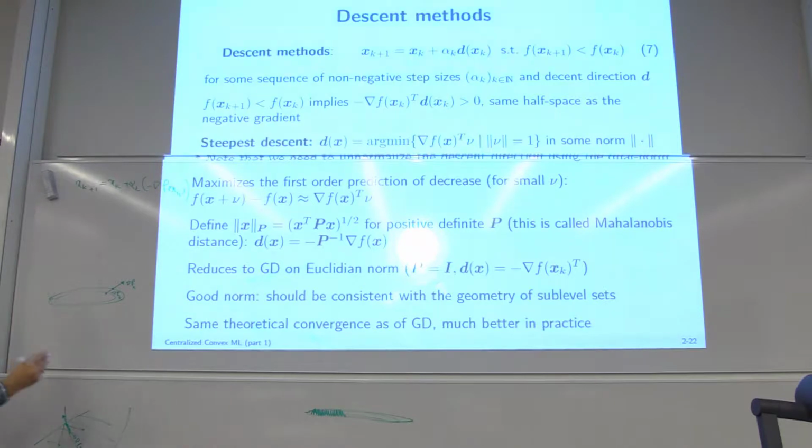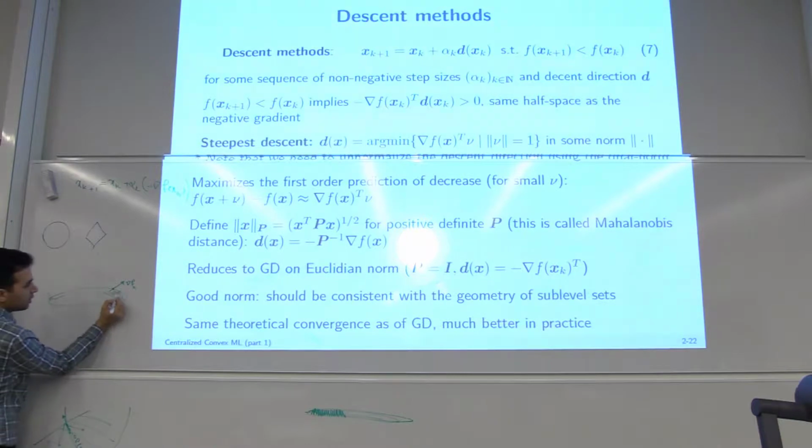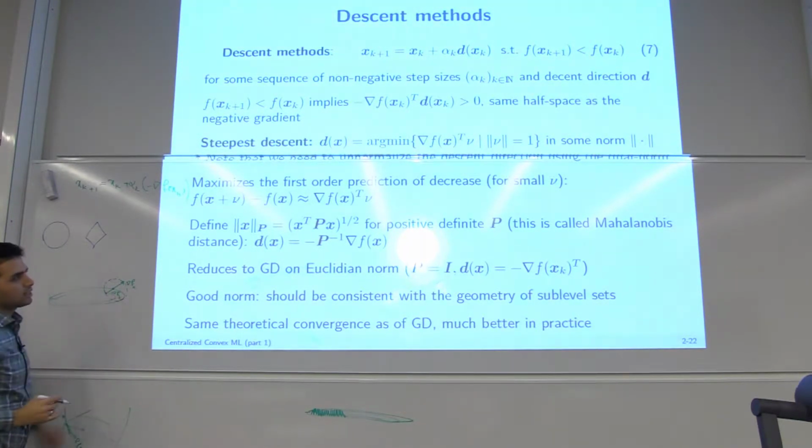Now, if we define the norm to be the L2 norm, you recall the definition of L2. So this is the L2 norm, this is the L1 norm, right? If we pick the L2 norm, then here we draw a circle. So this is the meaning of this d of x.